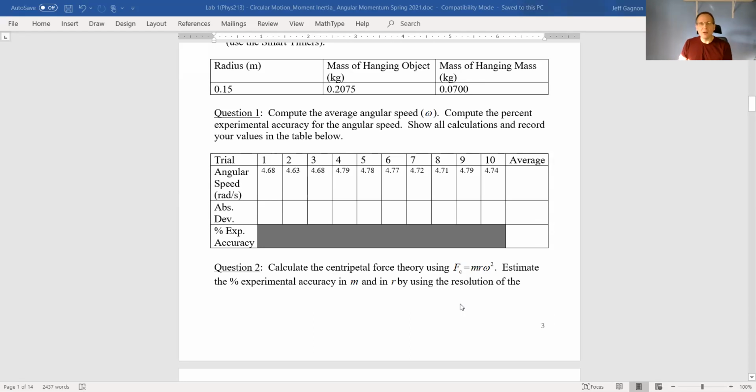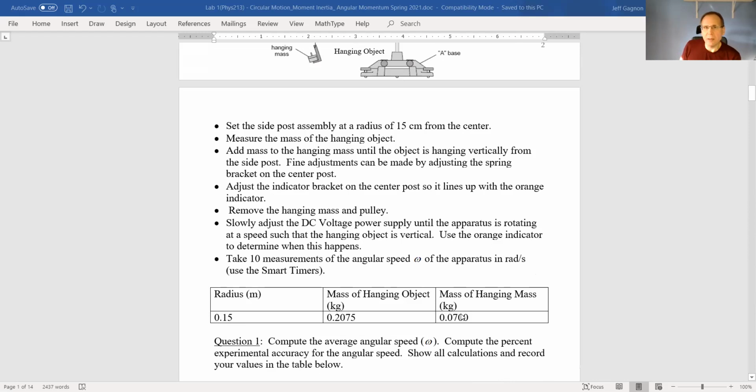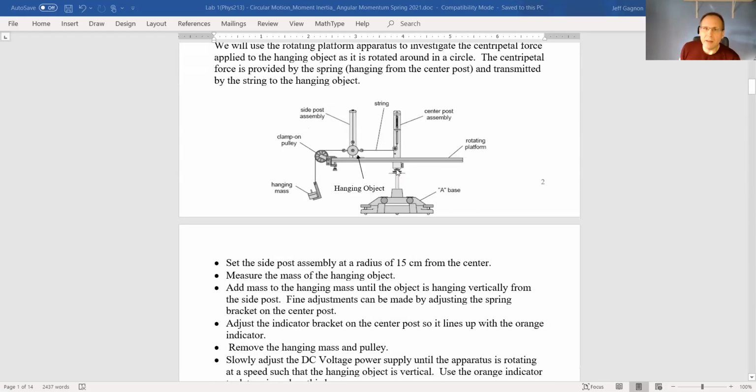Okay, so the first thing that you do, let me describe where this comes from. So we want to calculate the centripetal force here, the tension in the string, both experimentally and theoretically. Experimentally, what we do is exactly this setup right here. We have another string on the left-hand side, which goes over a pulley and connects to this hanging mass.